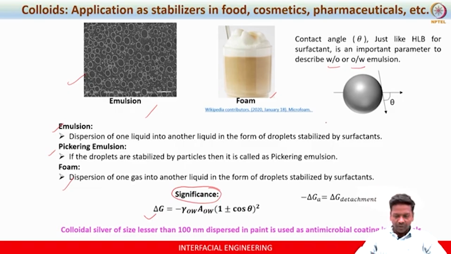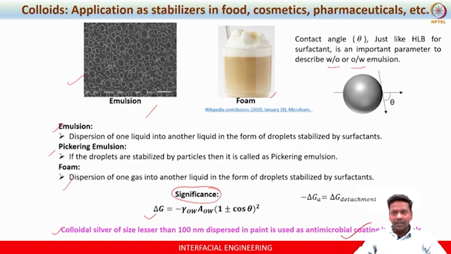Just to give you another example, let us say silver nanoparticles of size less than 100 nanometer dispersed in paint are used as an antimicrobial coating in hospital settings. This kind of coating is developed to prevent bacterial diseases.